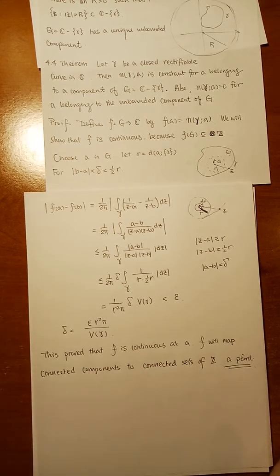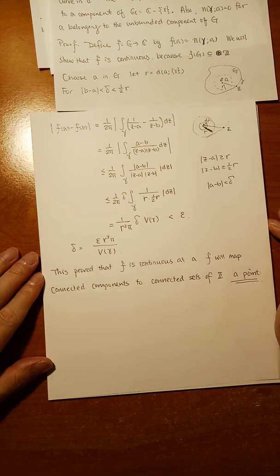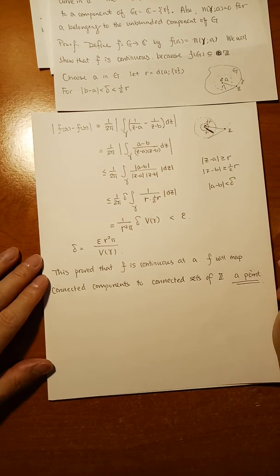A point means the function is a constant over the connected component. All right, so that's the part of the proof.